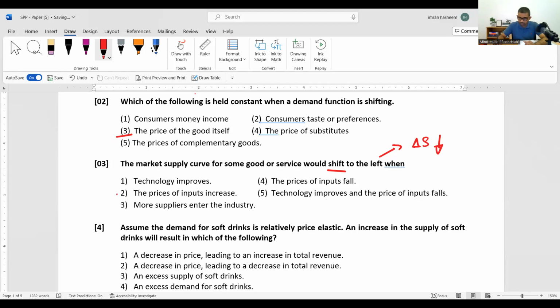The technology improves and the price of inputs falls, then supply will definitely increase because two reasons are causing an increase in supply. I've read it in a different order. More suppliers enter the industry: if more suppliers enter the industry, the number of sellers increases and supply increases, a rightward shift. Correct answer number 2.